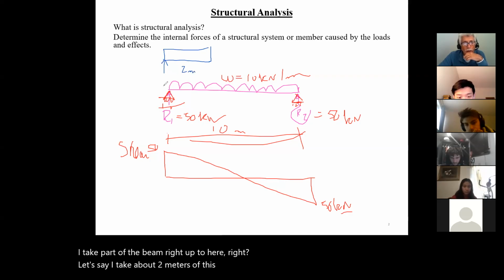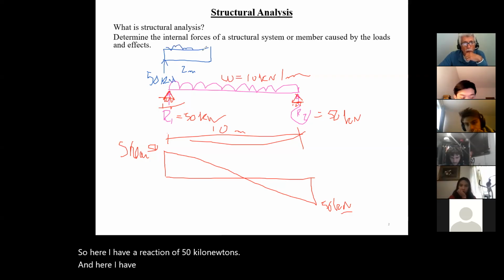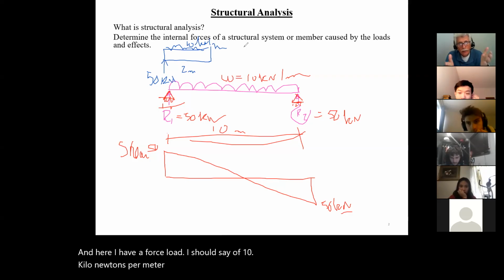So now here I have a reaction of 50 kilonewtons. And here I have a load of 10 kilonewtons per meter, right? Now, if I look at that part of the beam, is that beam in equilibrium?